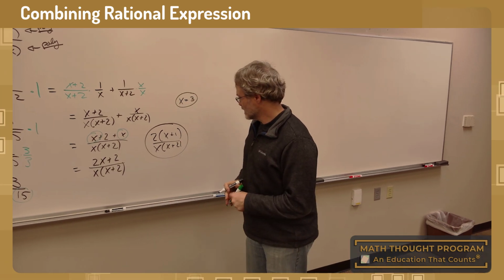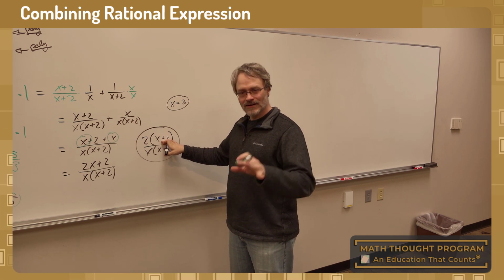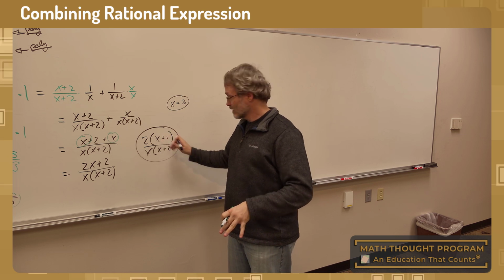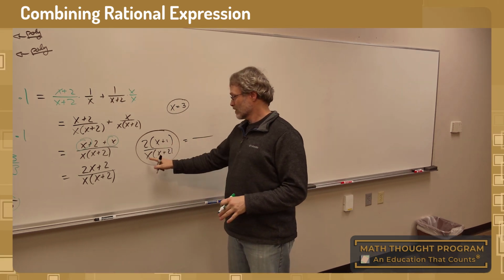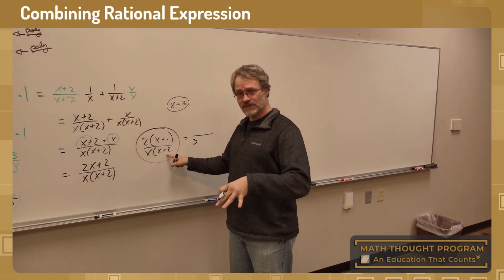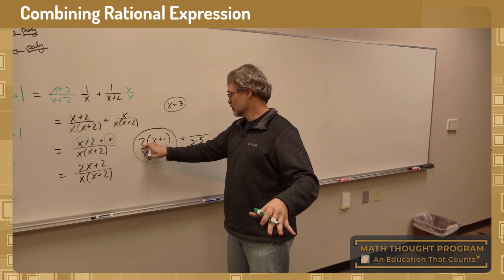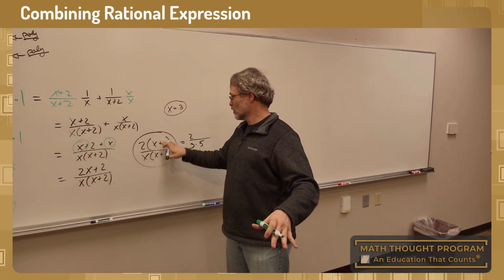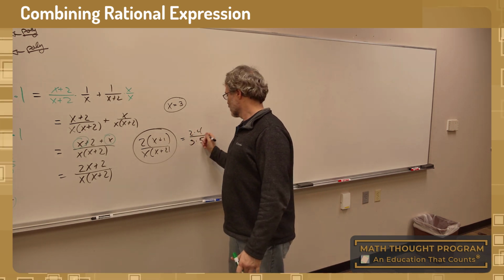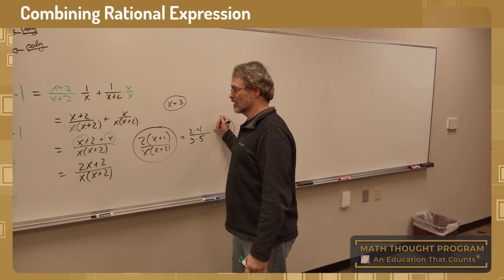Well, if I set x equal to 3 and I drop it in, guys, look what I get. 3 plus 2 is 5. 2 times 3 plus 1 is 7... and 3 and 1 is 4. We have 8 over 15.